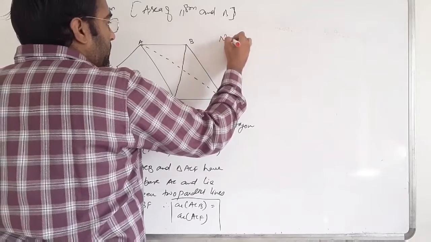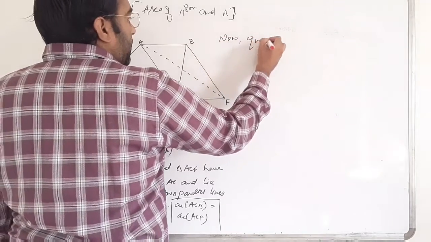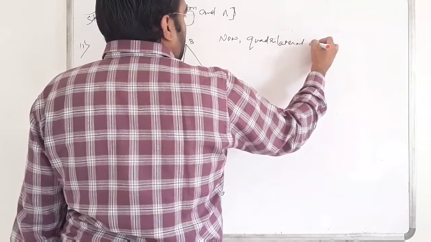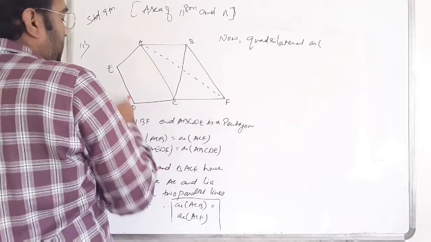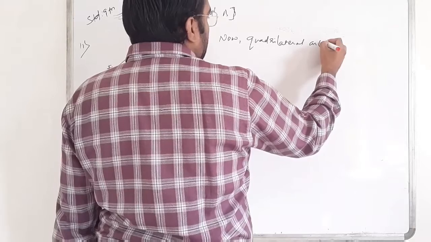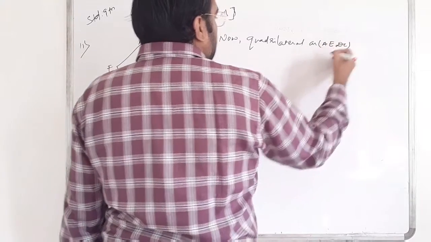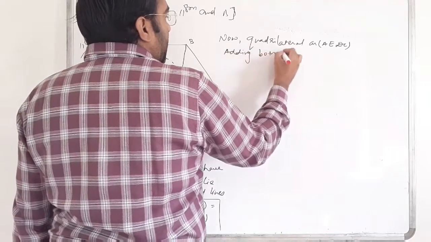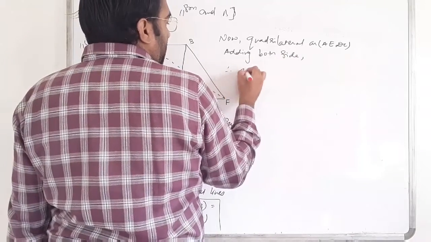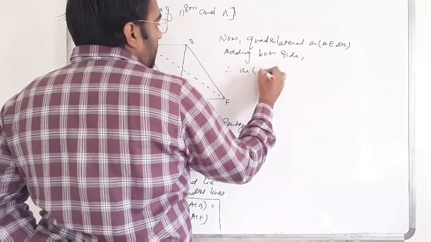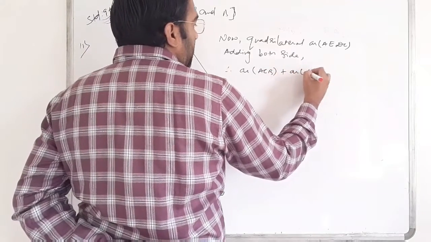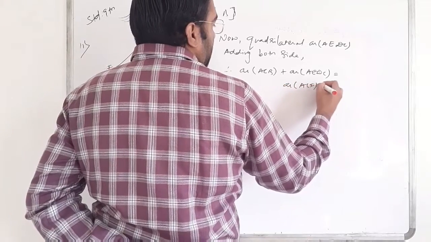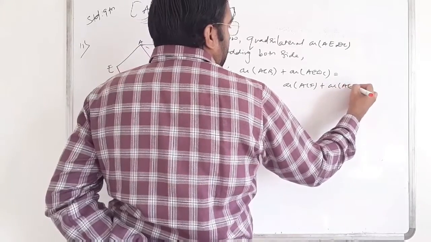So now adding the area of quadrilateral AEDC to both sides, therefore area of ACB plus area of AEDC is equal to area of ACF plus area of AEDC.